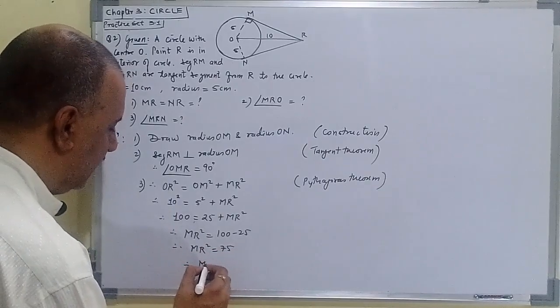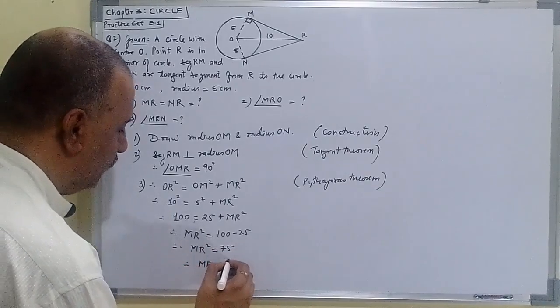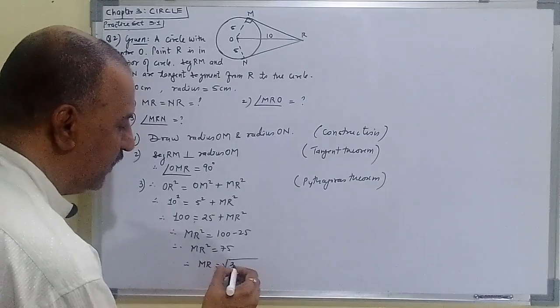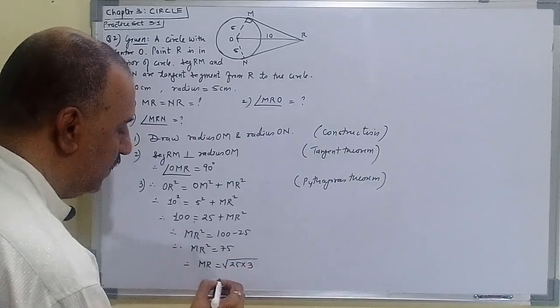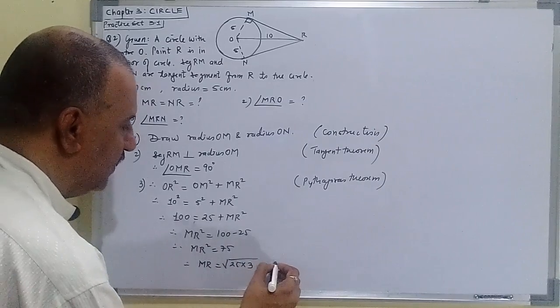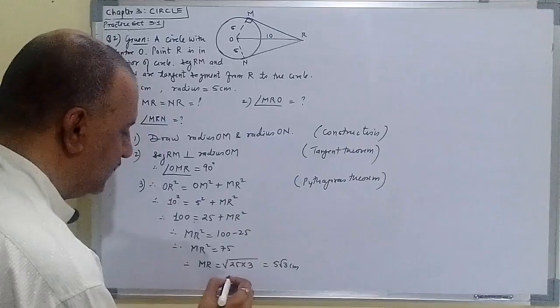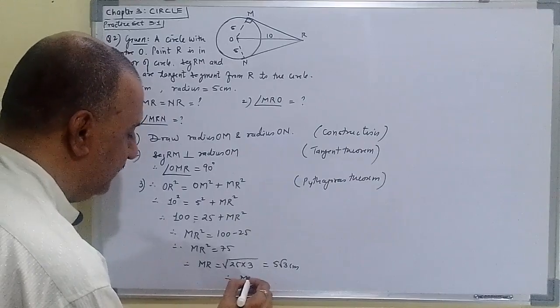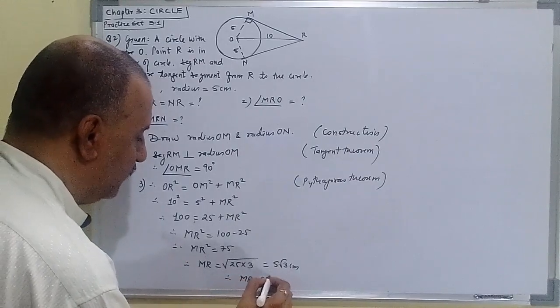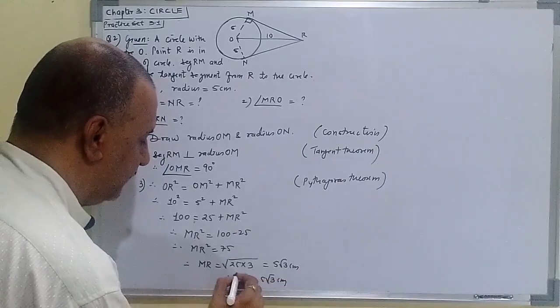So how much will MR be? Square root of 75. The square root of 75 is 25 into 3. That will be 5 root 3 centimeters. So MR is 5 root 3 cm.